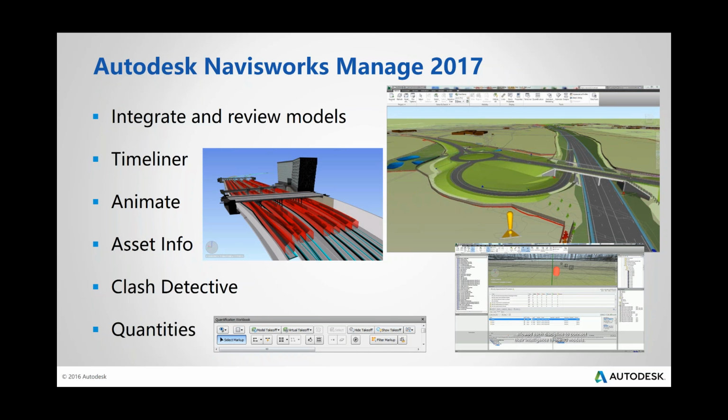In Navisworks you can integrate models from over 60 file formats, and simulate construction with the TimeLiner tools. You can visualize the model with animation and scripting tools, such as dropping in piers and looking at things moving around, and use Autodesk's powerful ray tracing tools to produce stunning images.